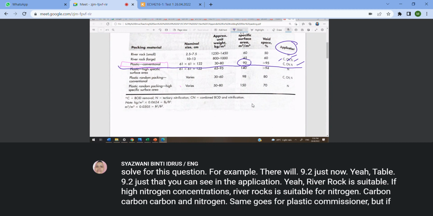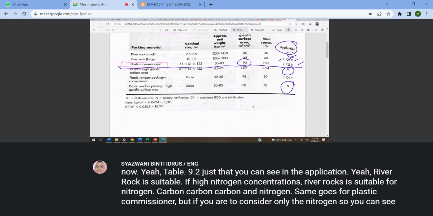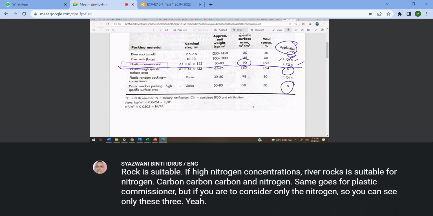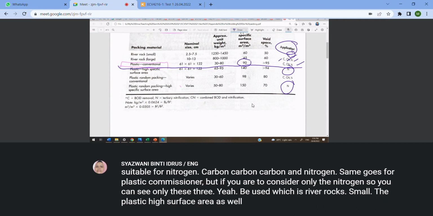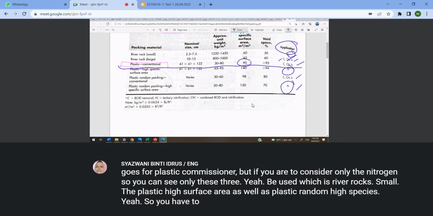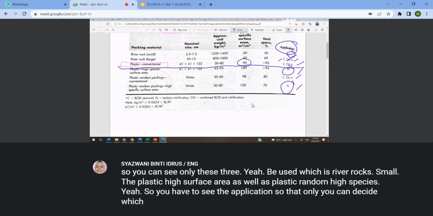But if you are to consider only the nitrogen, you can see only these three are to be used, which is river rock small, the plastic high surface area, as well as plastic random high surface area. So you have to see the application, then only you can decide which packing material to be used.